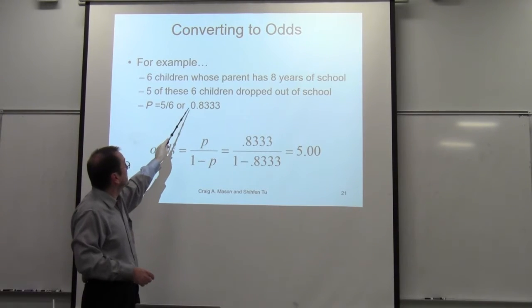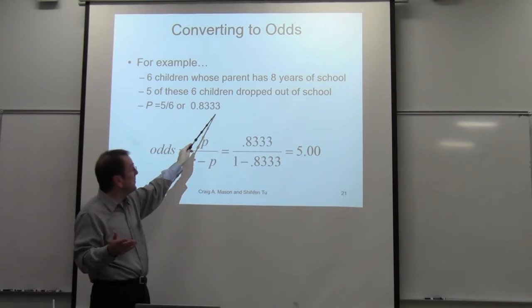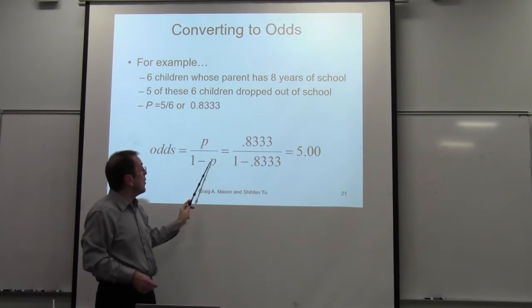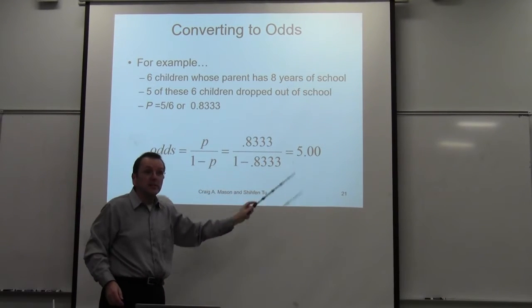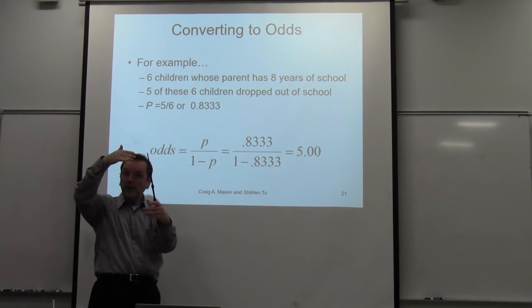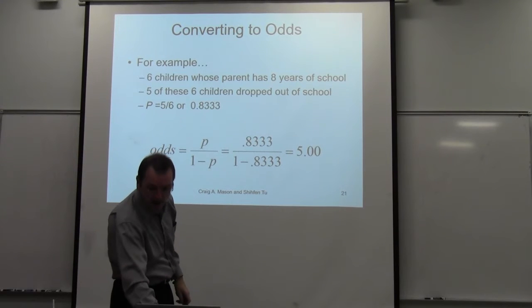The probability is 5/6, or 0.833, of dropping out. So the odds would be 0.833 over 1 minus 0.833, giving us an odds of 5, which makes sense. It's 5 to 1: 5 dropped out, 1 did not. So the odds are 5.